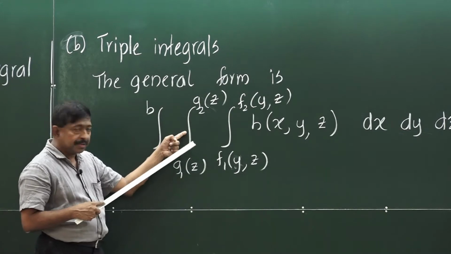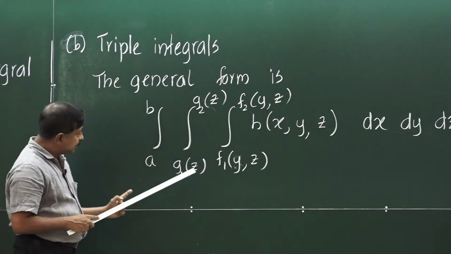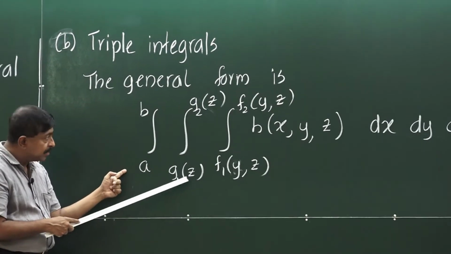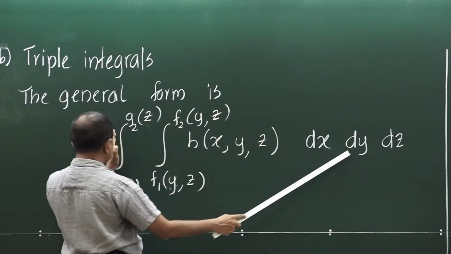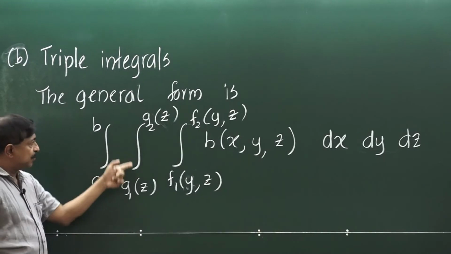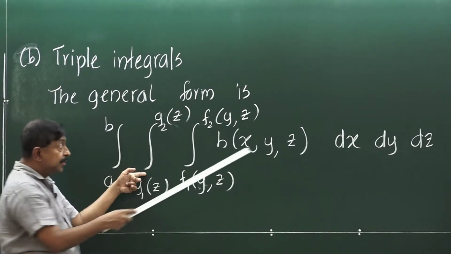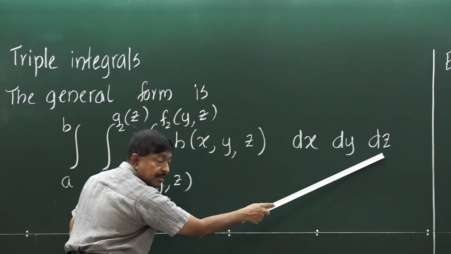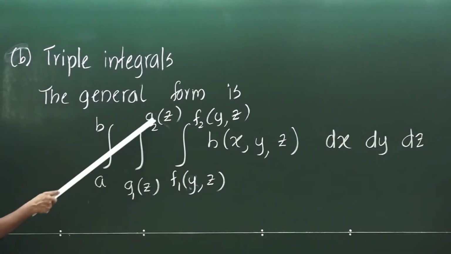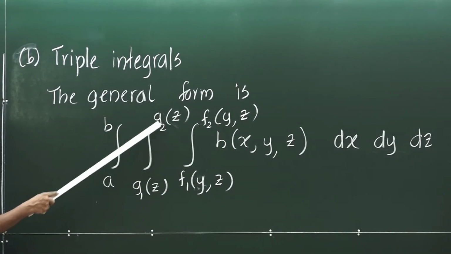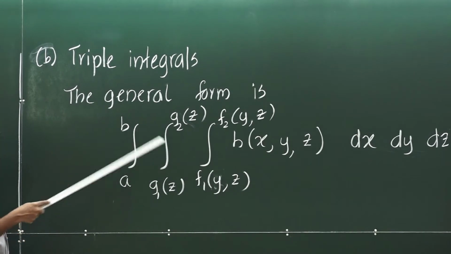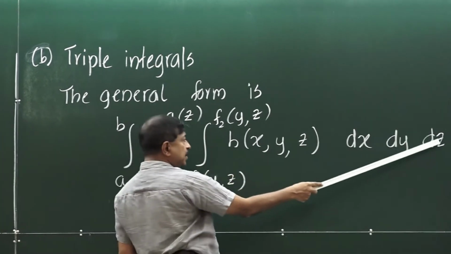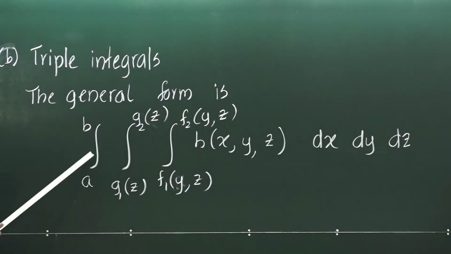Then still z is not considered, because in the first case you consider x, here you consider y. While considering the variable y, still this is untouched. Therefore, you can have z in the limits. However, when you consider the last variable, the corresponding integral is this one, here you should have constants.